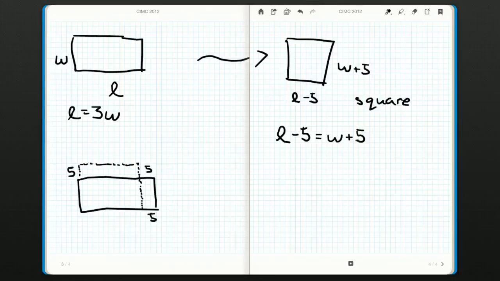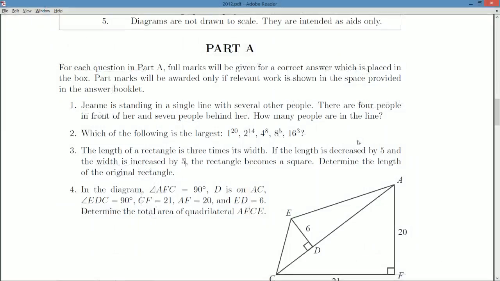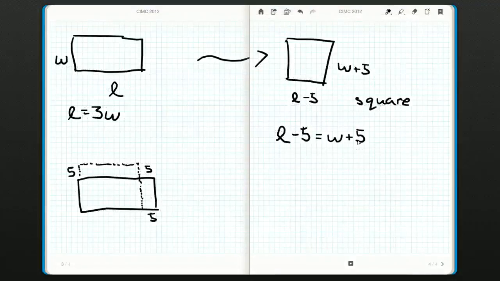So let's go back to the original question and see what it is we're going to try and solve for. Determine the length of the original rectangle. What we'll do is find the width and the length likely by solving these 2 equations, but specifically what we're looking for is the length of the original rectangle. So substitute these 2 equations into each other.